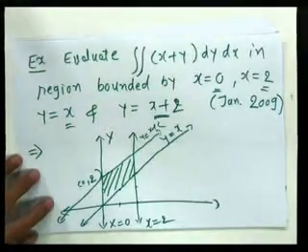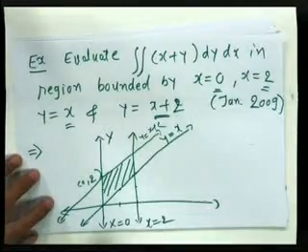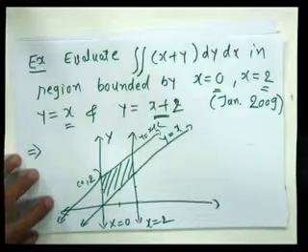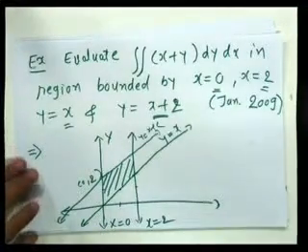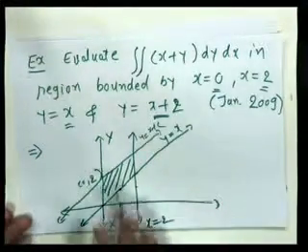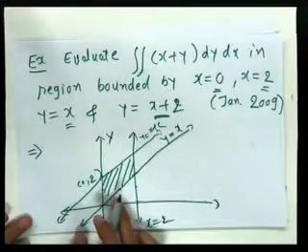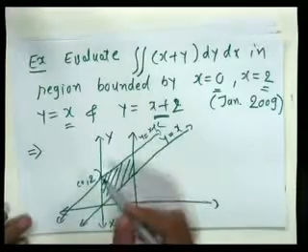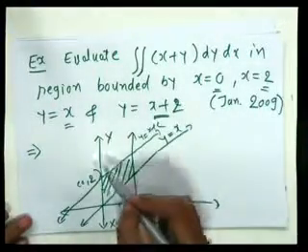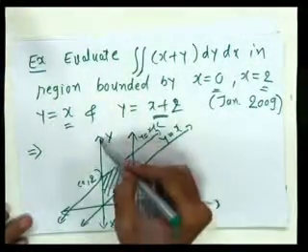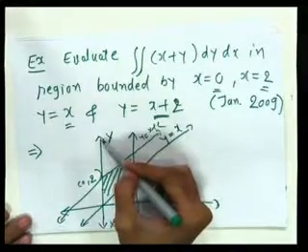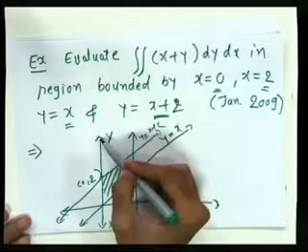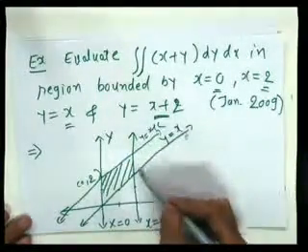So when we go for the limits of x and y, we just need to see the region which is bounded between our given expressions. When we fix the limit of x, we need to consider from the left hand side to right hand side.